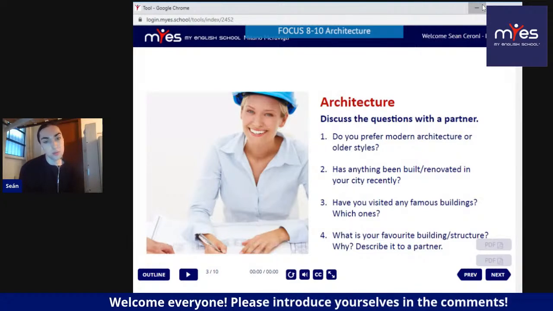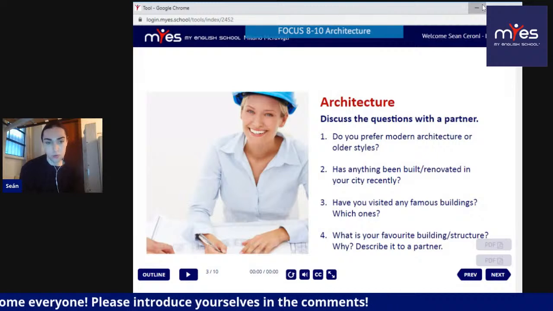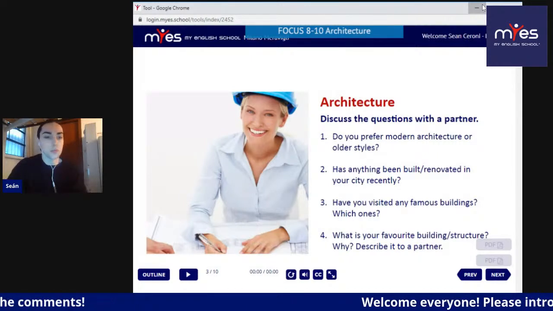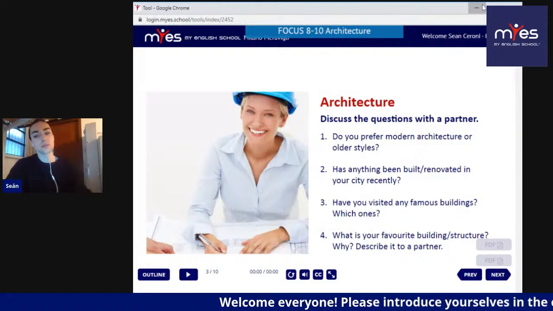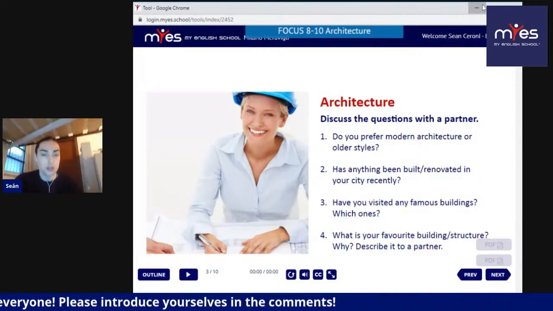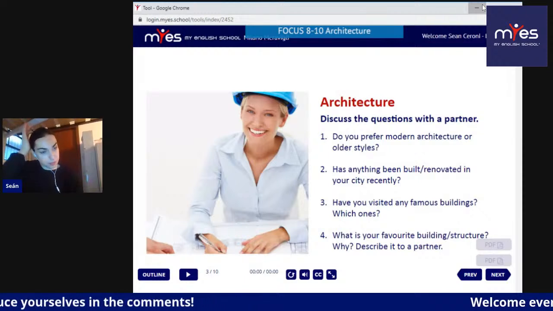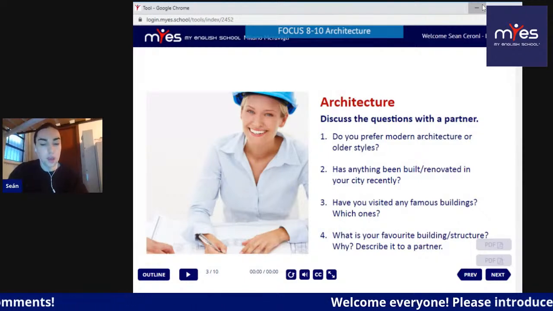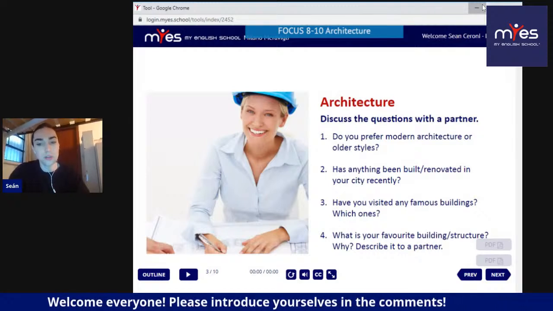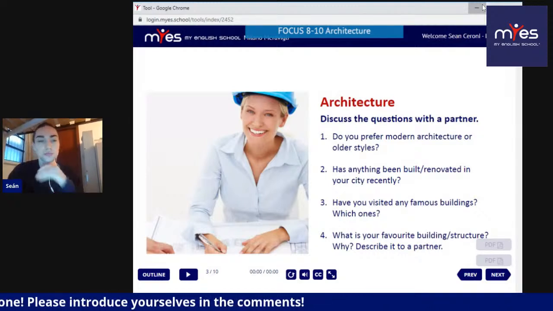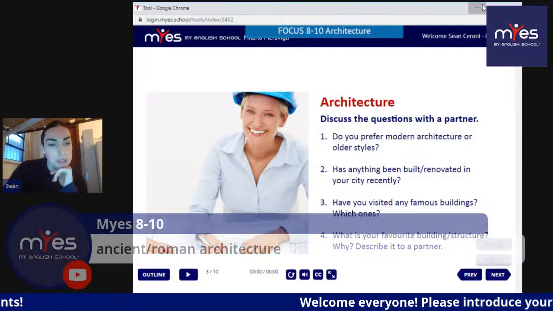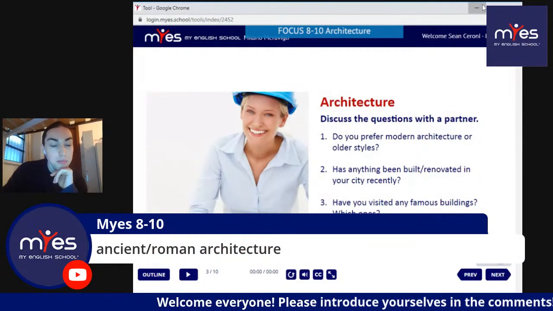So the first one, do you prefer modern architecture or older styles? So I think I'll share some different kinds of architecture. I'll think about an Italian city. You often have ancient or Roman architecture. So these would be things like the Colosseum.